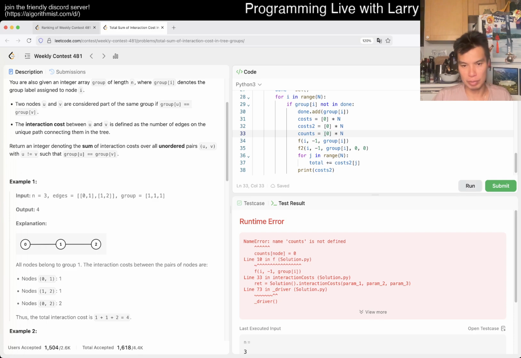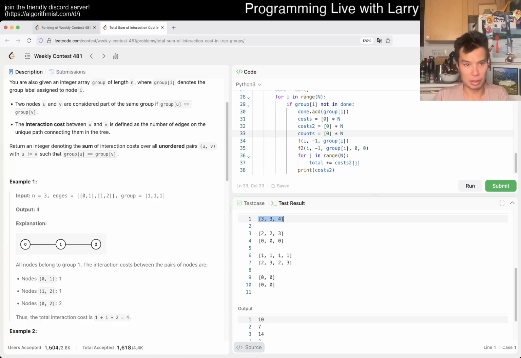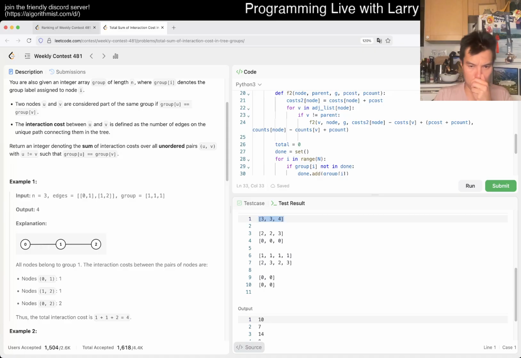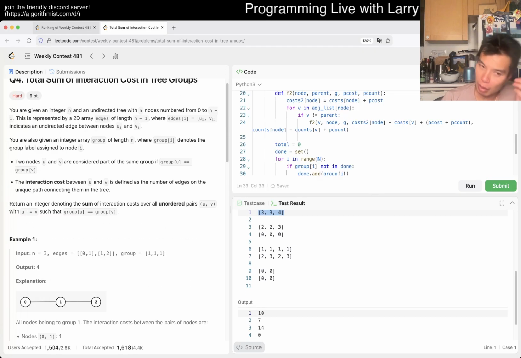But I don't know how that would fix this answer, because it would just give me more if anything. I think the idea is mostly right, maybe not. But I'm not doing it right, that's for sure.